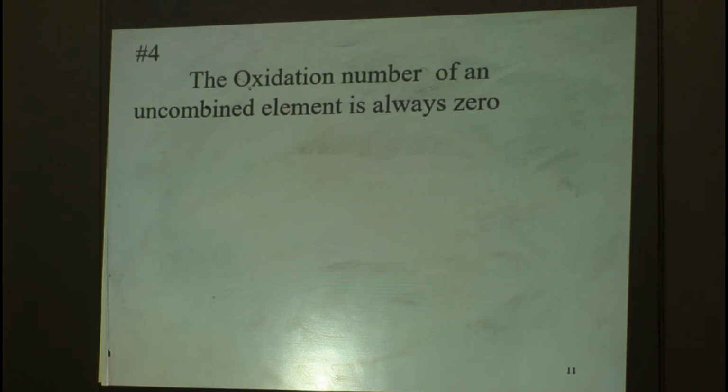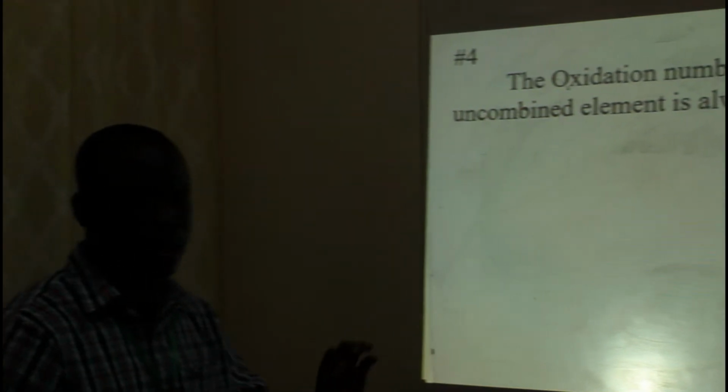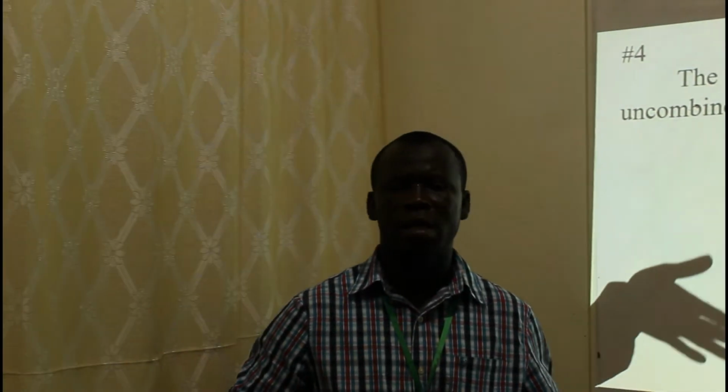Next, rule number 4. The oxidation number of an uncombined element is always 0. When you see any element in its natural state, for example in a molecular state or an atomic state, in other words, in an uncombined nature, then we assign 0.